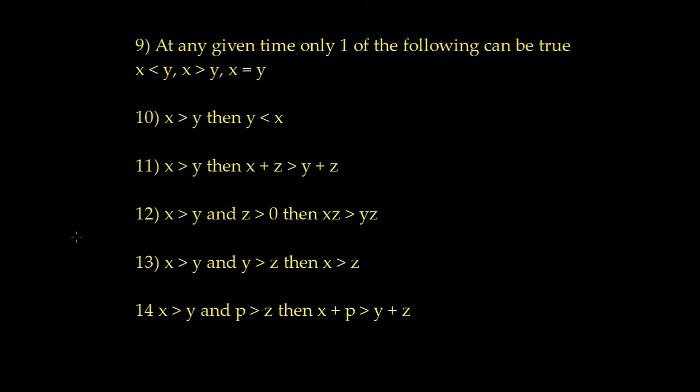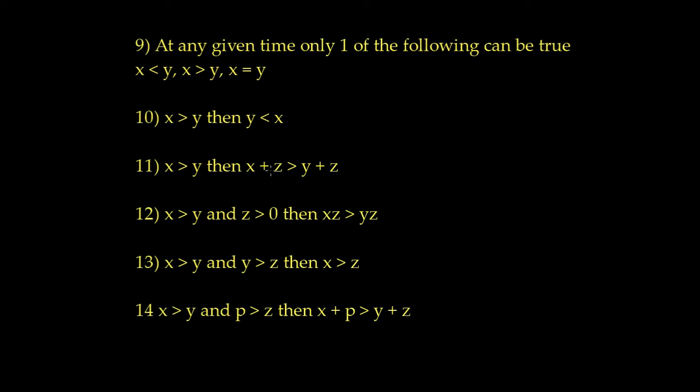The rest of these are pretty straightforward. If x is greater than y, then y is less than x. If x is greater than y, then x plus z is still greater than y plus z. This is saying that if I add the same number to both x and y, and x is greater than y, then x will still be greater than y.